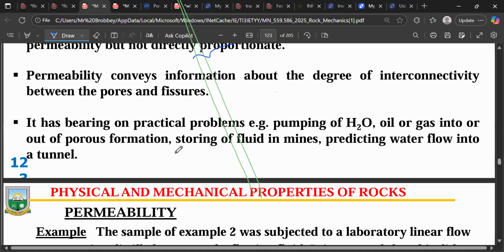I know quite a number of us work in a mine, and I would want us to share some of the problems you get with permeability and seepage. Because when you have tailings with chemicals that sometimes contain cyanide, they seep through and find their way into our water tables, causing a lot of contamination in the environment.